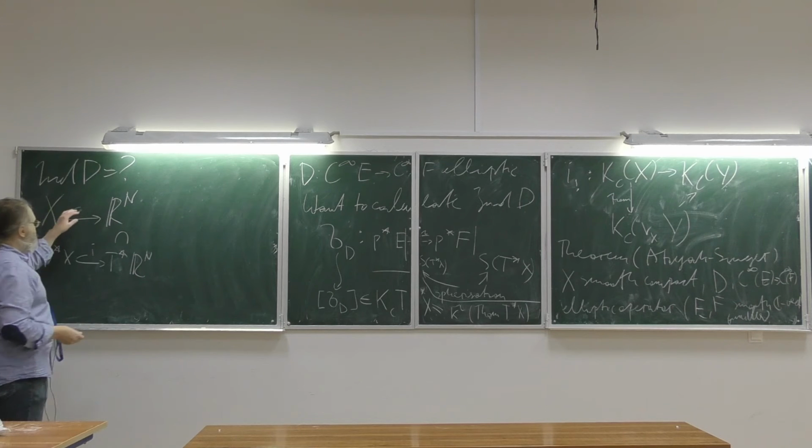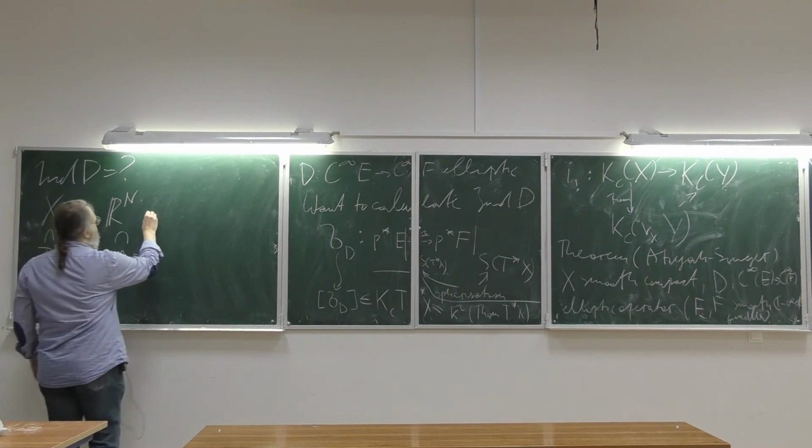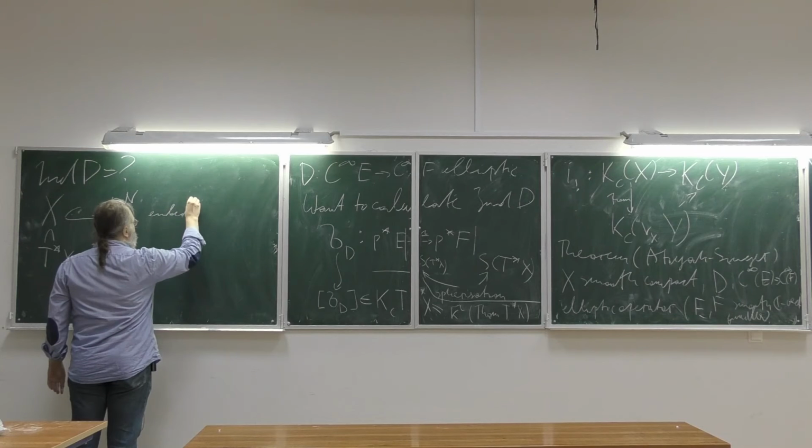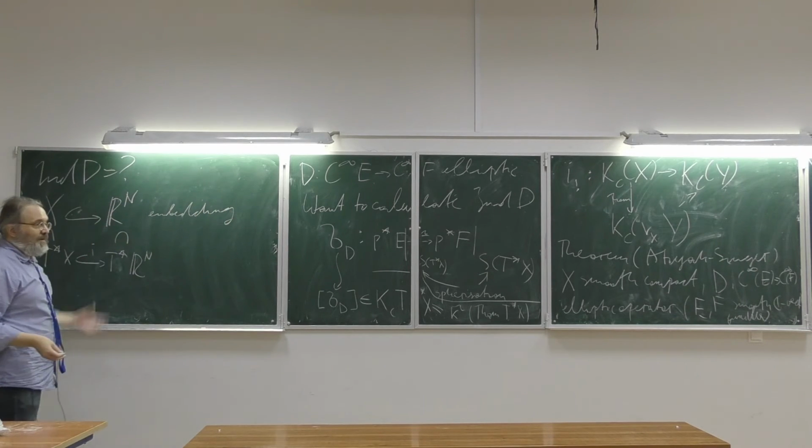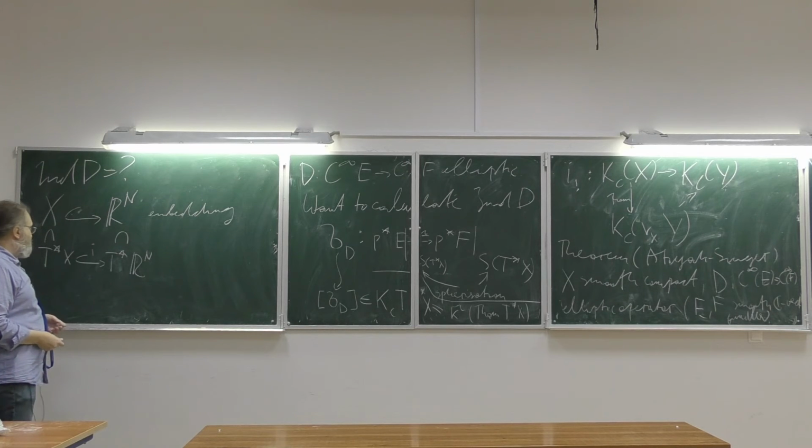Okay, I embed X in R^n. Then this gives me an embedding of the tangent bundle in the tangent bundle, and the same for cotangent bundles.